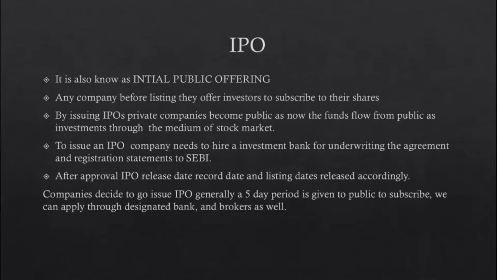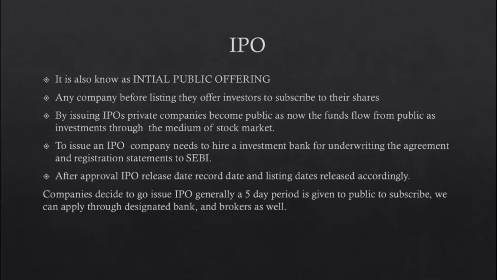After writing to SEBI, the IPO release date, record date and listing date will be announced. The release date is the date from which we can subscribe to the IPO, and the record date is the end date, by which whatever subscriptions are received are counted. The listing date is the date when they are going to list in the stock market, coming into the secondary market.